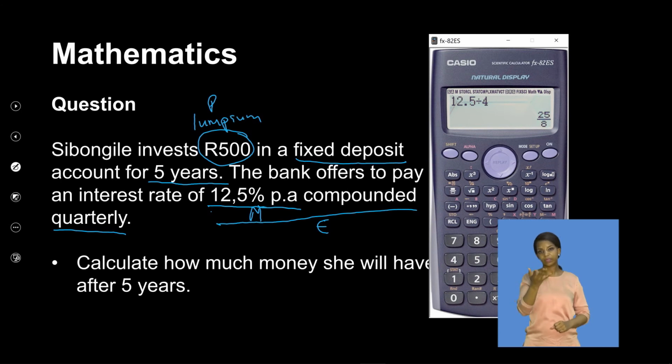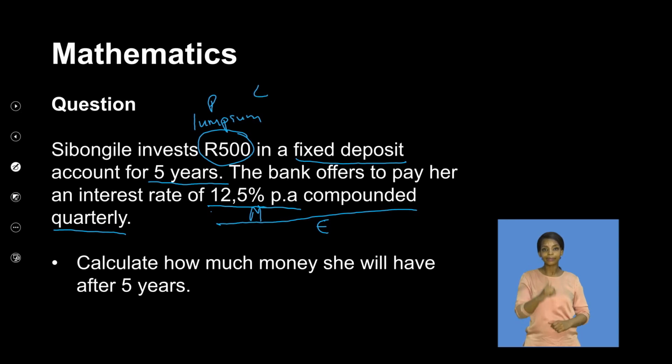So that is what they will get every quarter. So they will be getting a percentage of 4 point something percent at the end of every 3 months for the 5 years of the investment. Because at the end, when I add it, it must actually give me the 12.5%.